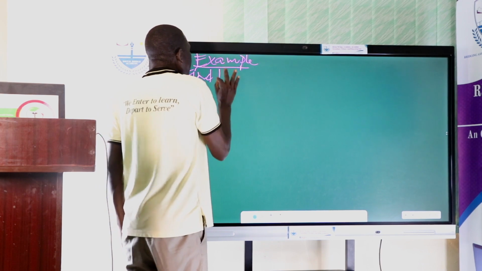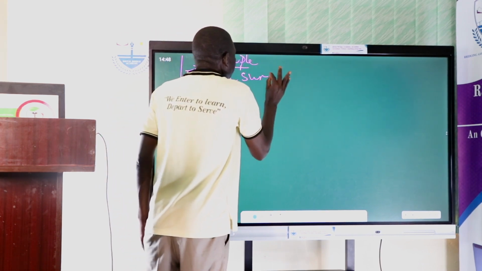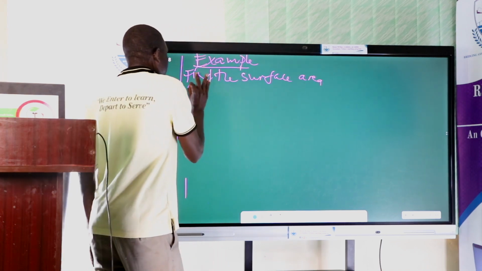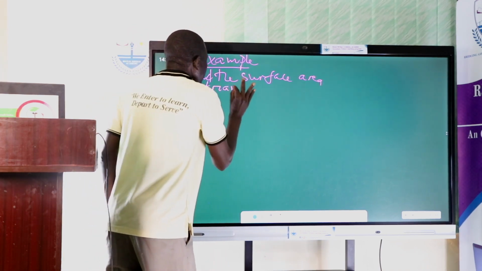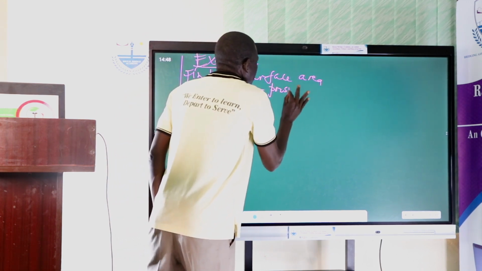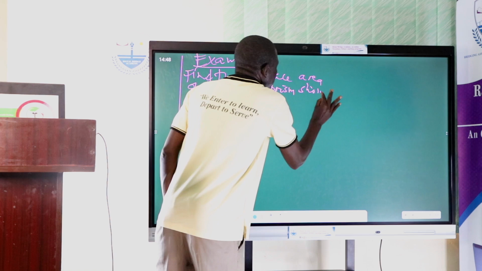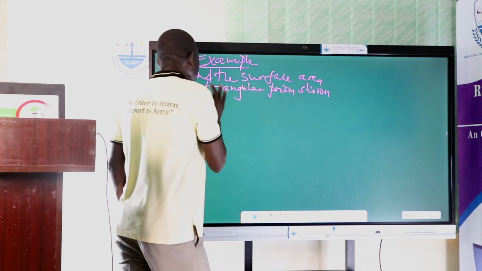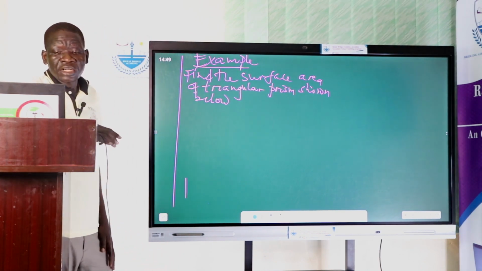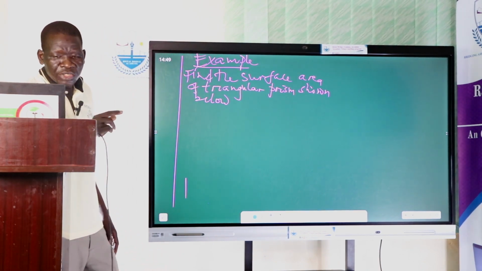They want us to find the surface area of the triangular prism shown below. So we have the shape which is in this form.